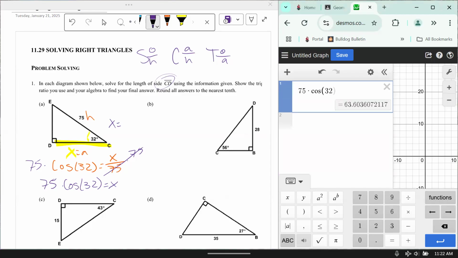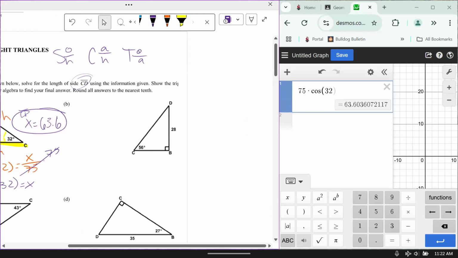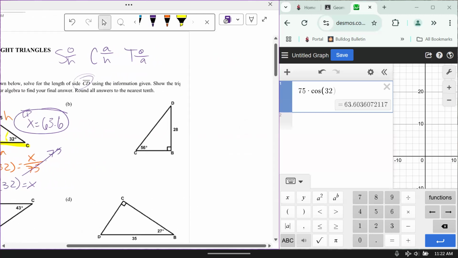X equals 63.6. Okay, or CD equals 63.6. Okay. For B, here is our CD right here. This guy.